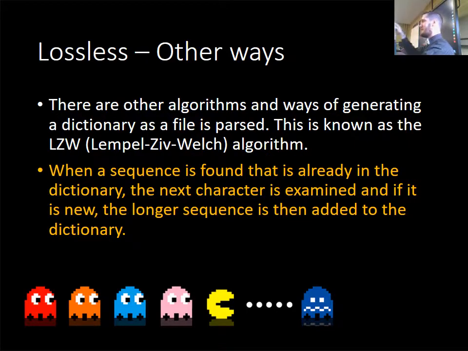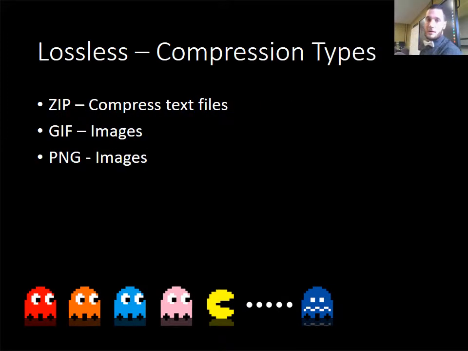So it keeps looking at sequences, and if there's something new that it hasn't seen yet, it adds it to the dictionary. You can research this a bit more. I'm going to pronounce this probably wrong, but it's Lempel-Ziv-Welch. That's one technique of building the dictionary. Formats you have are zip, GIF, and PNG.